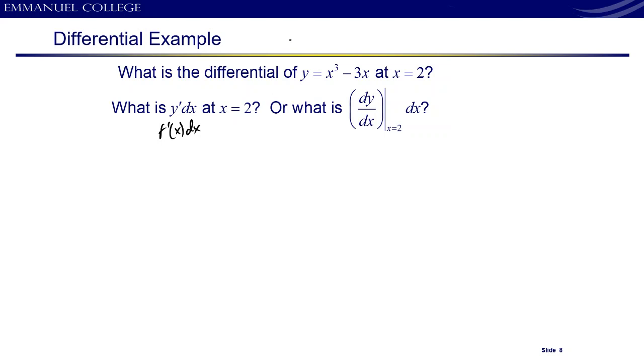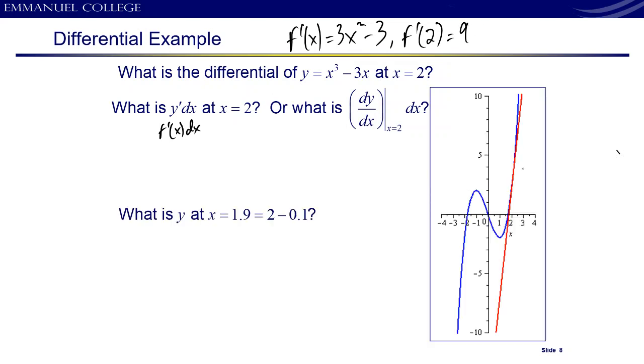So we already talked about our f prime of x is 3x squared minus 3. And f prime at 2 was 9. So my differential is 9 times dx.